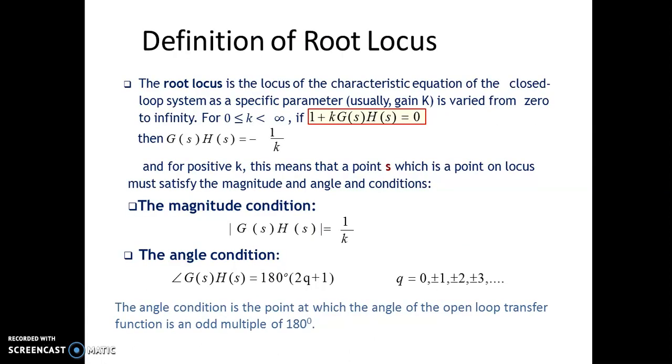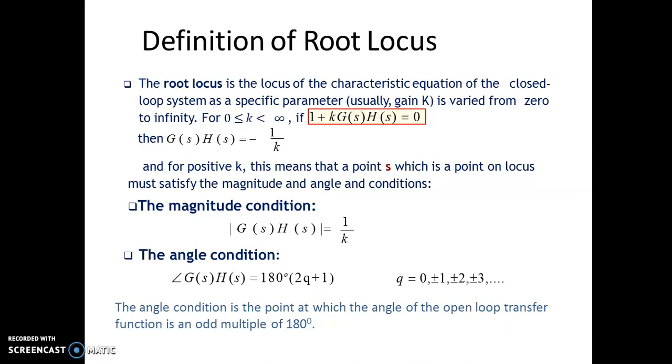From this characteristic equation, if it satisfies the magnitude and angle conditions, then only can we construct the exact shape of the root locus. The root locus is the locus of the characteristic equation of the closed loop system as the parameter k varies from 0 to infinity.